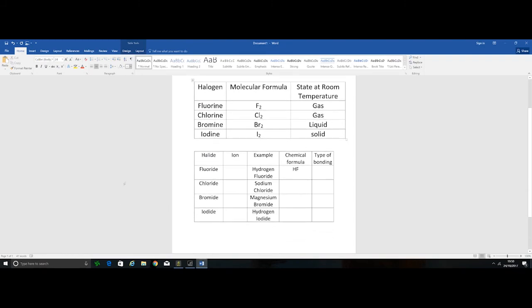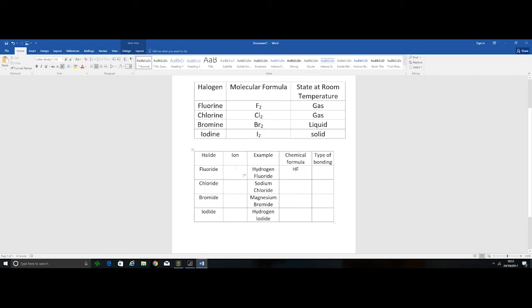Learning point number 2 is here. When we have halogens that react to make a compound, it changes its name. If you notice here, we've got fluorine, chlorine, bromine and iodine, right? Those are when they are on their own, that's how we name them.